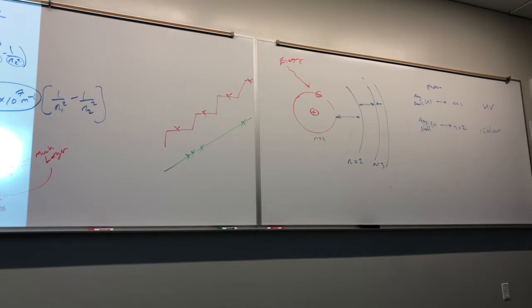If it's not hydrogen, this model breaks down. So this is only for hydrogen, having one electron and one proton. We're going to get to what you're talking about in just a minute. For right now, I'm just telling you this is what you'd see for a hydrogen atom.